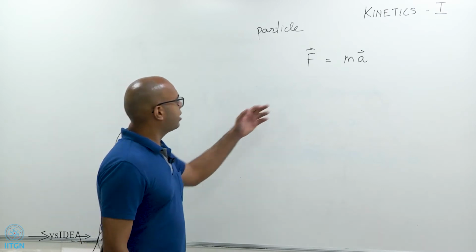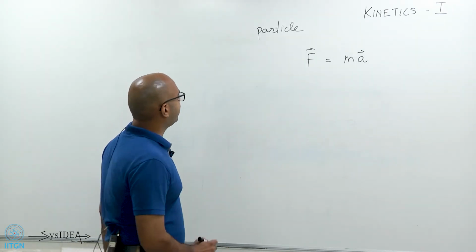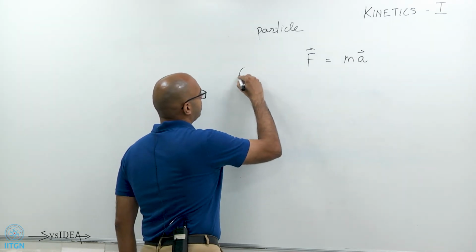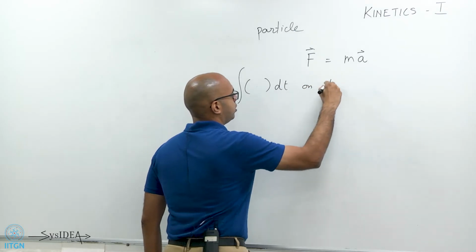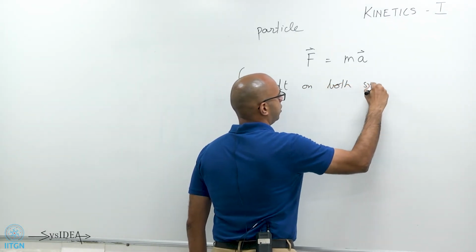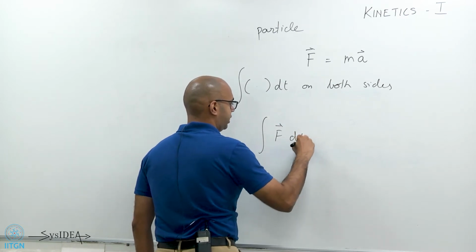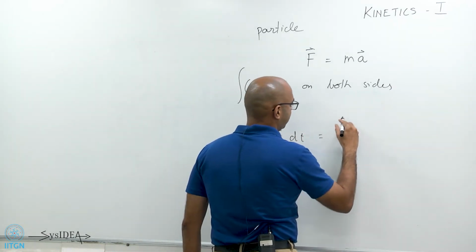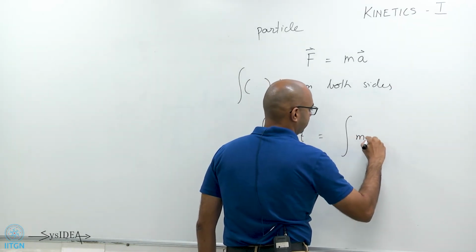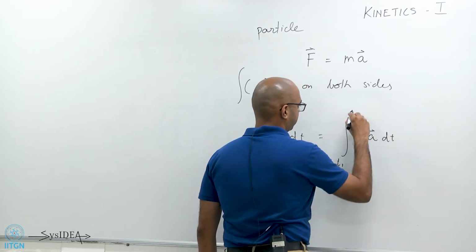Okay, now let's go back to Newton's law for a particle. If we multiply by dt on both sides and integrate over a period of time, we get the integral of F dt from time instant t1 to t2 is equal to the integral of ma dt from t1 to t2.